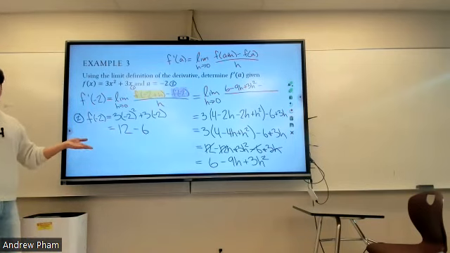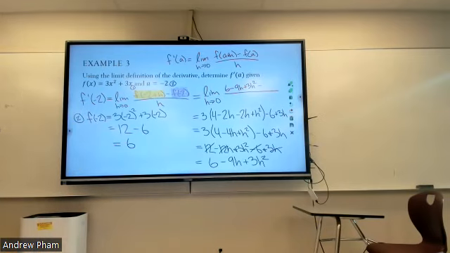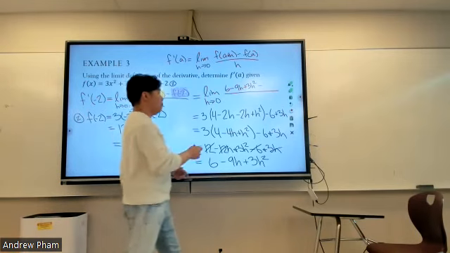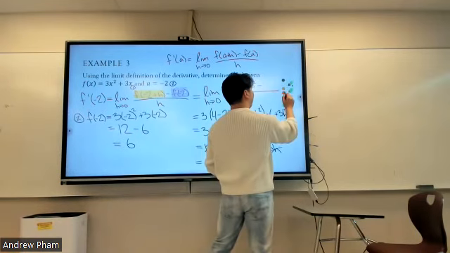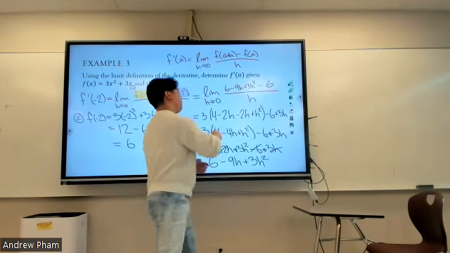And then here we get 12 minus 6, which leaves us with 6 again. So this other highlighted region turns out to be a plain 6. So I'm going to fill it in right here. And we still have h on the bottom.